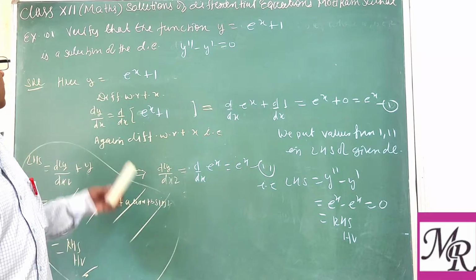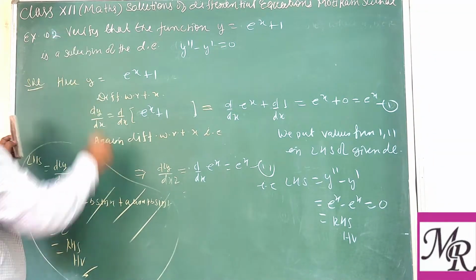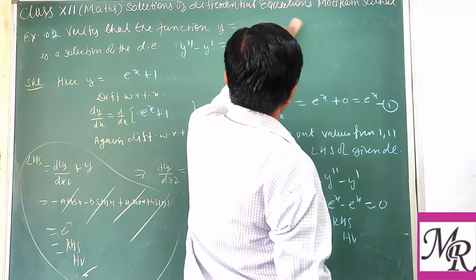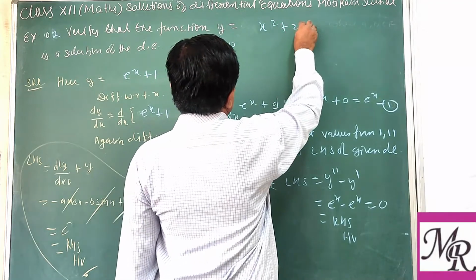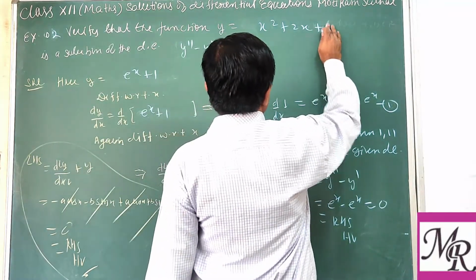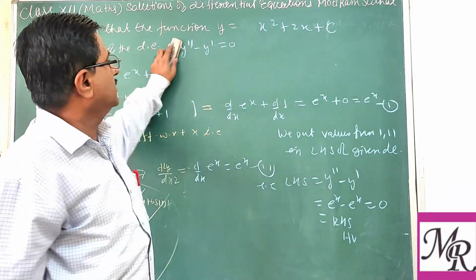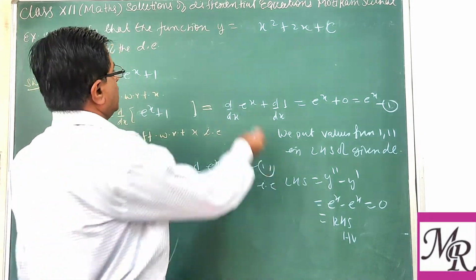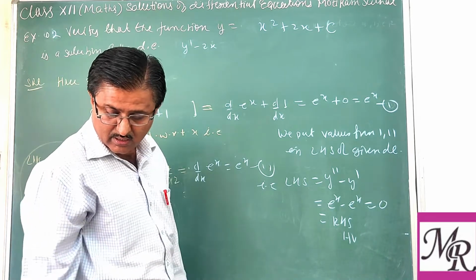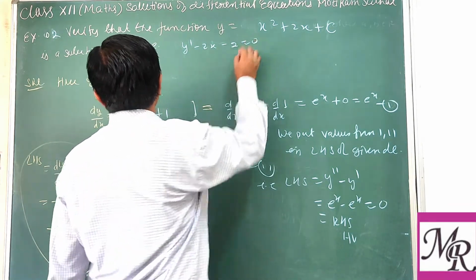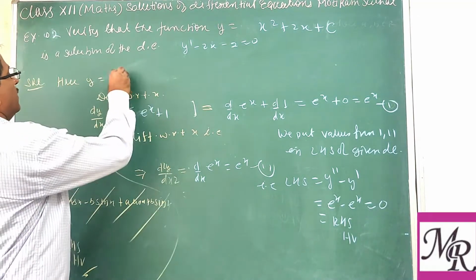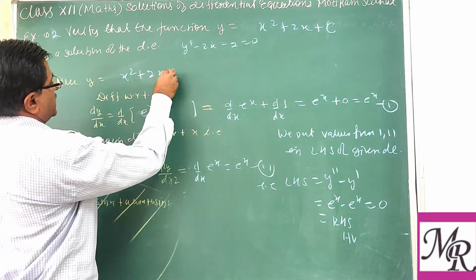Similarly, second, we also solve: verify that the function y equal to x square plus 2x plus c, here c is not 1, this is c, an arbitrary constant, is a solution of the differential equation y dash minus 2x minus 2 equal to 0. So see here we are given y equal to x square plus 2x plus c.